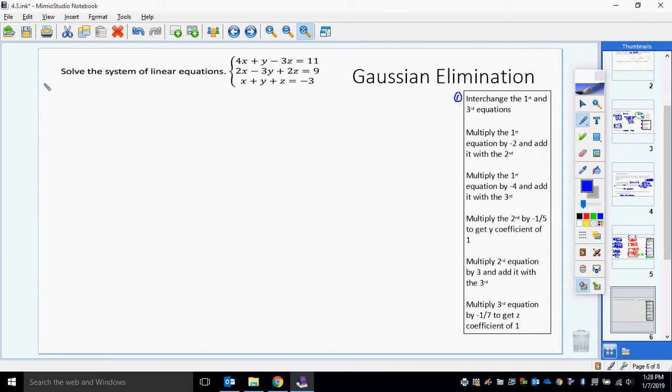So for step 1, that's what I'm going to do. Switch equation 1 with equation 3. So what would that new system look like?